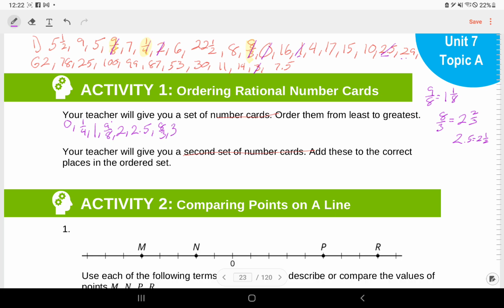Anything between a 3 and a 4? Well, I'm not seeing anything between a 3 and a 4, so I'm going to put a 4. I don't see anything between a 4 and a 5, and so I'm going to put my 5. But I do see 5.5. And then I've got a 6.